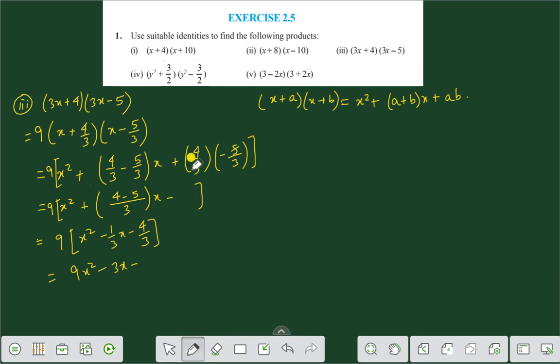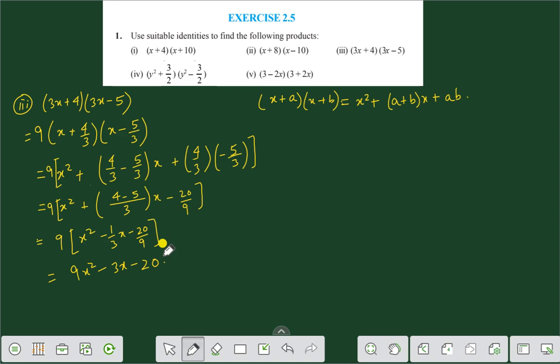It will not cancel; this is 5 by 3. The last term is minus 20 by 9. Then we are getting minus 20. That is the answer: 9x square minus 3x minus 20. This is question number 3.